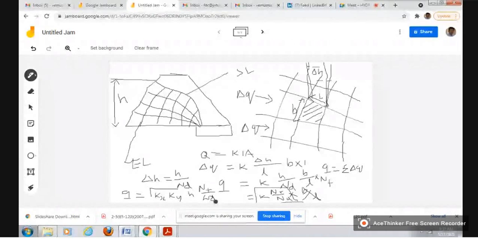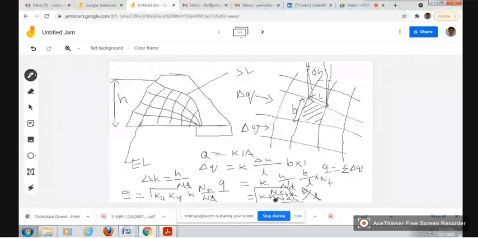Sorry, in the previous isotropic case, I said K into NF by ND; H is also there. KH into NF by ND is the discharge of seepage passing through the body of the dam. In case of isotropic soil, Q is equal to KH into NF by ND.